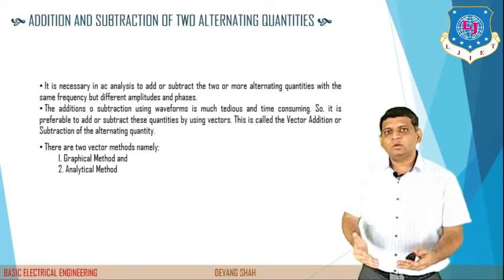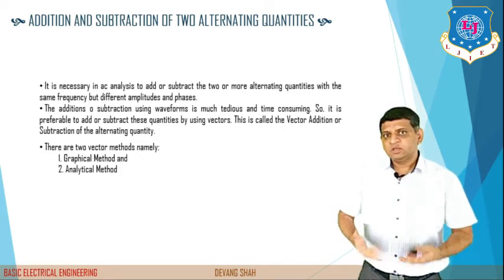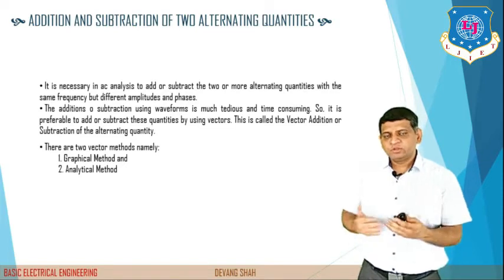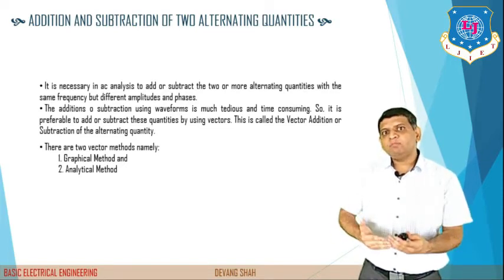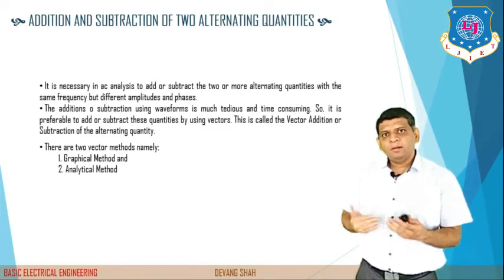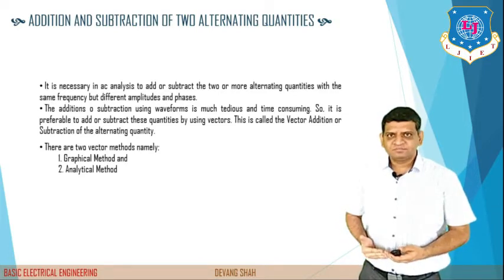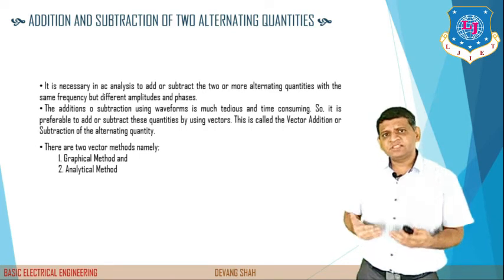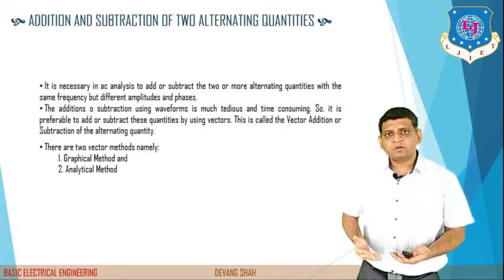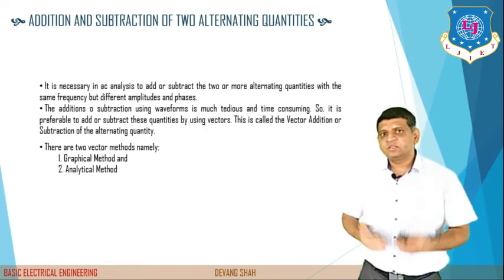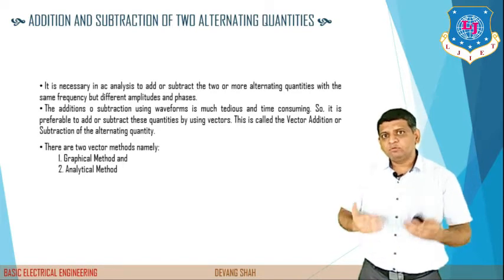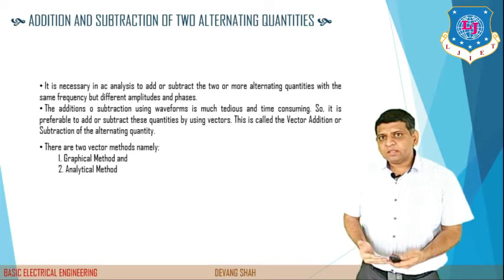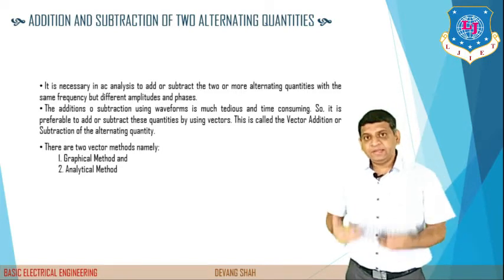Because these quantities are vector quantities, so they include the magnitude as well as the direction, right? At the end, the resultant magnitude always depends on the direction of the vector. That's why you cannot apply simple arithmetic addition, subtraction or other operations for these vector quantities, and we have to follow these two methods: the graphical method and the analytical method.